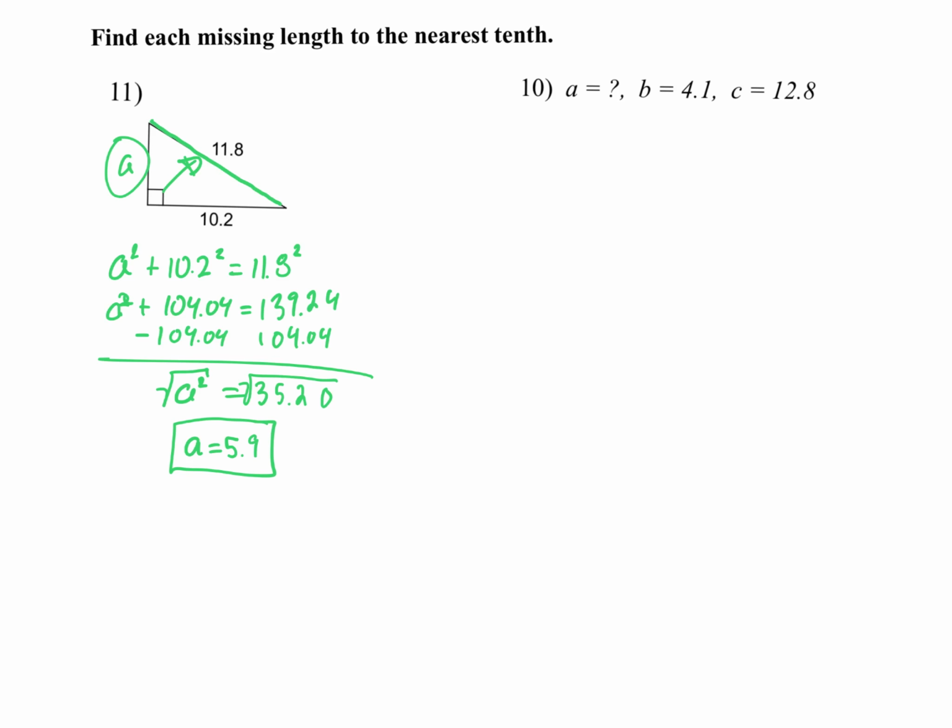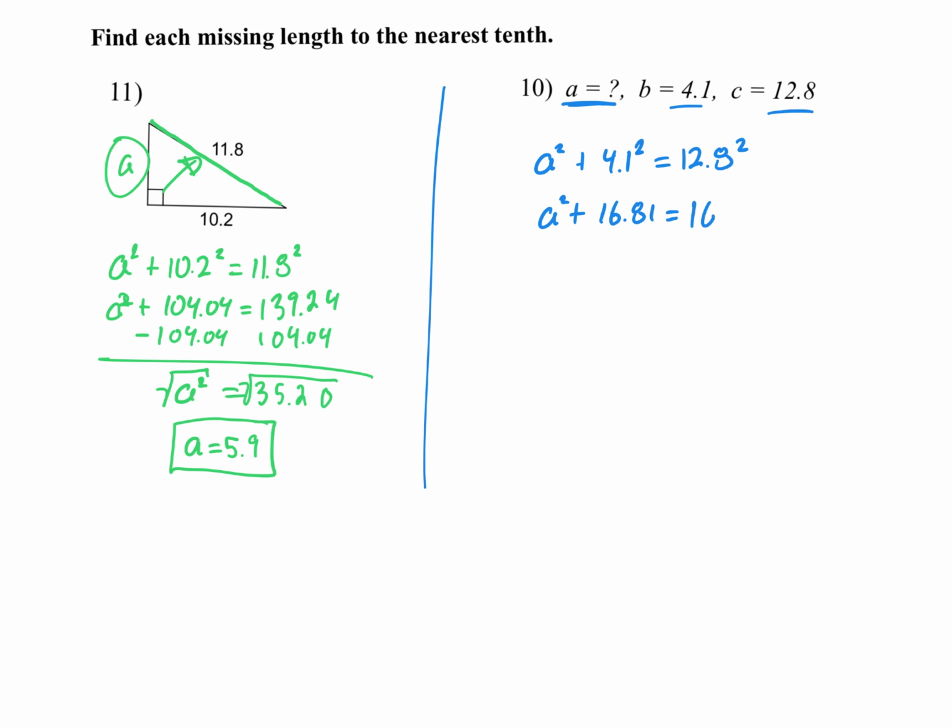Now, same idea here. Even if I don't have the picture, I can still do that. I'm looking for my A, I have a B, and I have a C. So I'm going to say A squared plus 4.1 squared is equal to 12.8 squared. So 4.1 squared is equal to 16.81. 12.8 squared is equal to 163.84.